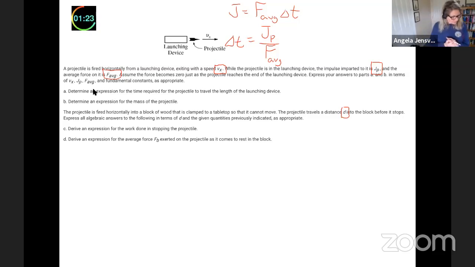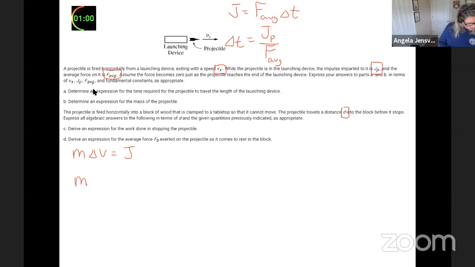Part B, determine an expression for the mass of the projectile. For the mass, we're going to say m delta v equals the impulse, right? That's just a general equation, and we want to find mass.